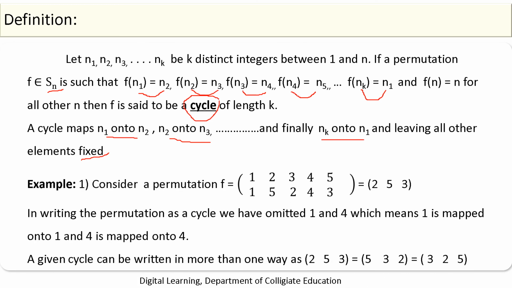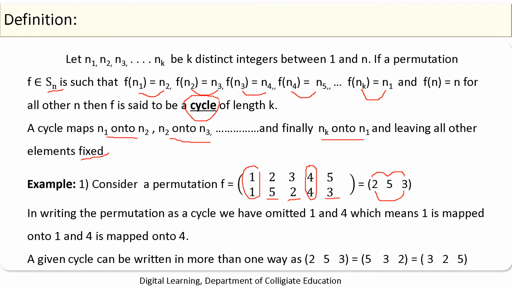Look at the example given below. You can understand the cyclic permutation by using this example. In this permutation, 1 is fixed and 4 is fixed. These two elements are fixed. And look at the other things: 2 is mapped onto 5, 5 is mapped onto 3, 3 is mapped onto 2.